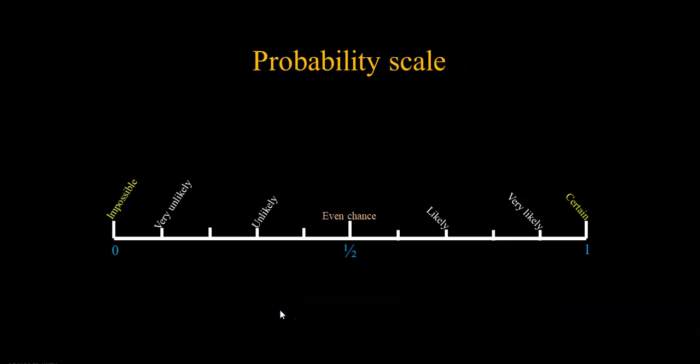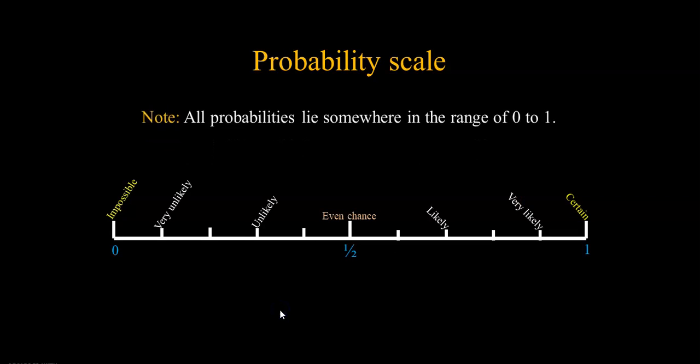Here is a probability scale. Please note that all probabilities lie somewhere in the range of 0 to 1. You can give a value to the chance of any of the outcomes or events happening. This value is called the probability.